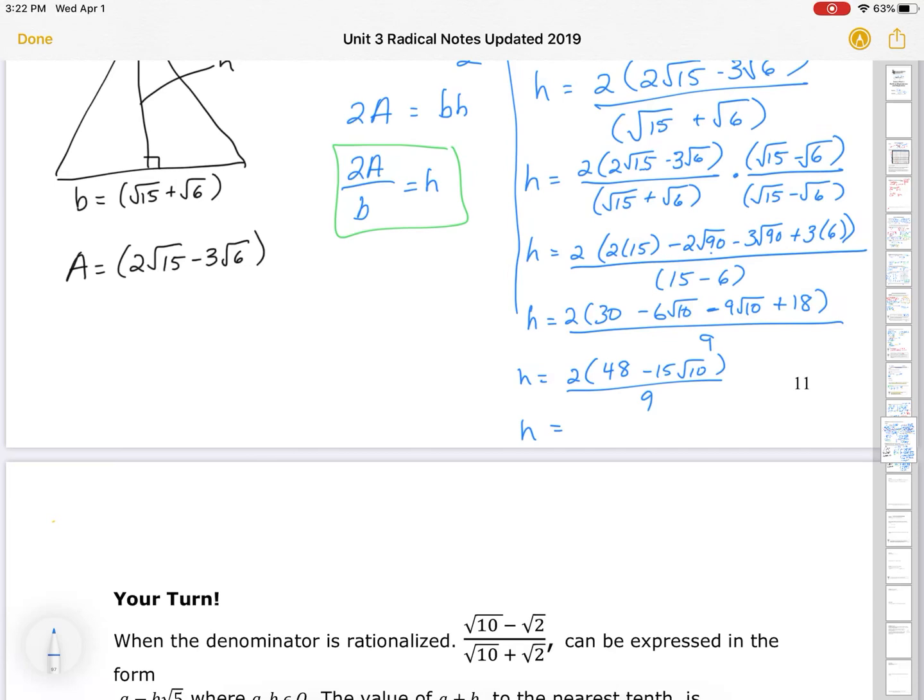Now I'm going to distribute that 2. So I'm going to get 2 times 48 is 96 minus 30 root 10 all over 9. So that's a 9 there. I'm going to move down to the next page, or over here.